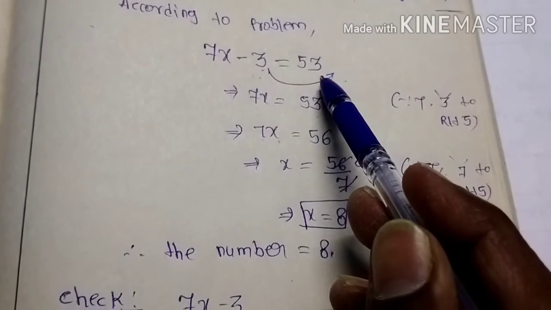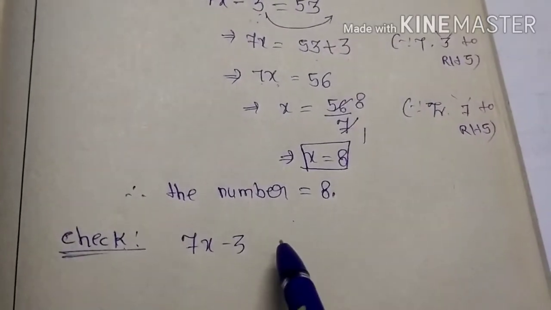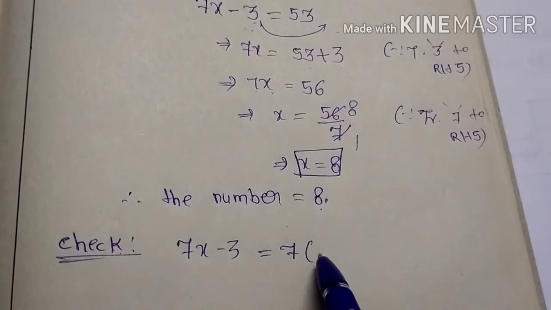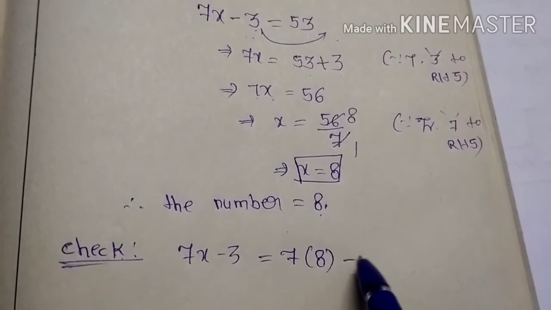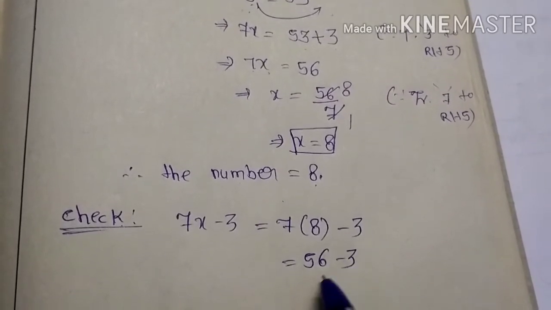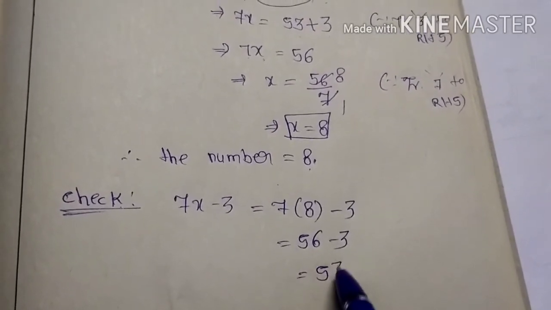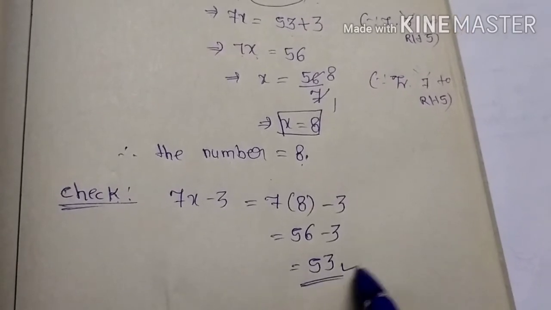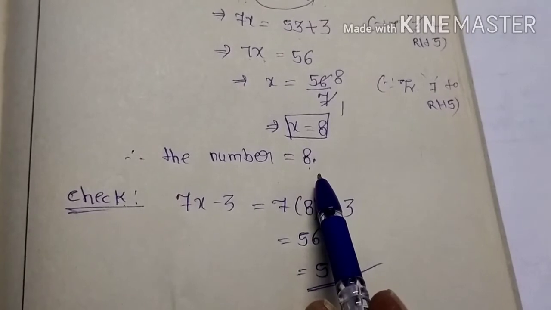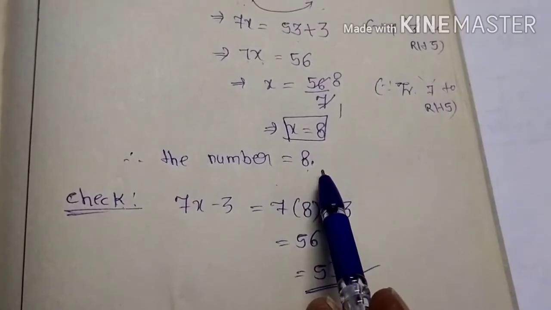We need to obtain the RHS. 7x minus 3 is equal to 7 into x value, which is 8, minus 3. 7 eights are 56. 56 minus 3 is equal to 53. Are you getting 53 or not? Yes, this is your correct answer. That means x is equal to 8 is the solution.